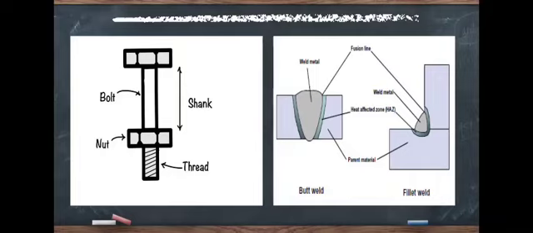Butt weld is weld metal, and in the fillet weld you can see the weld metal in the angular portion.